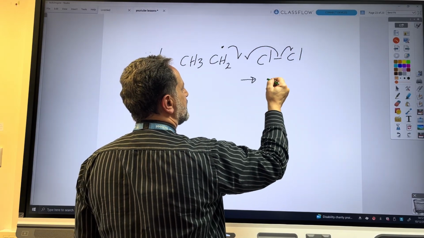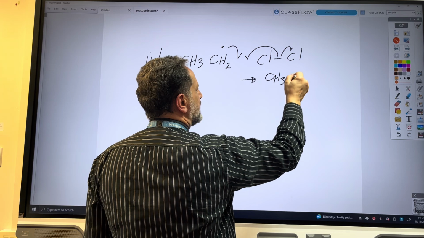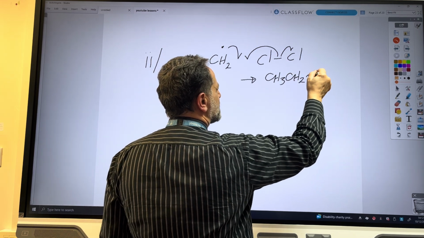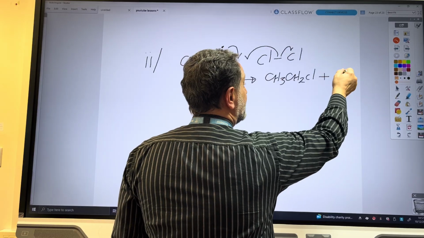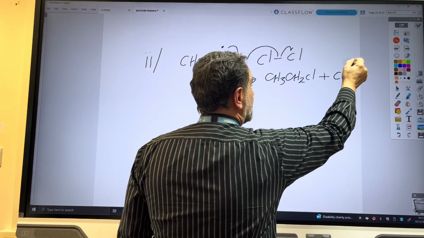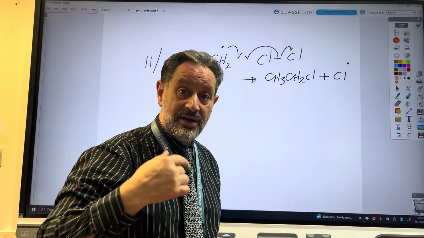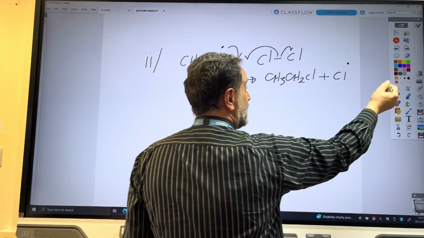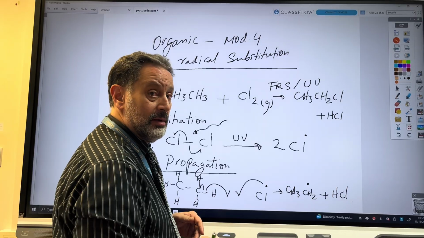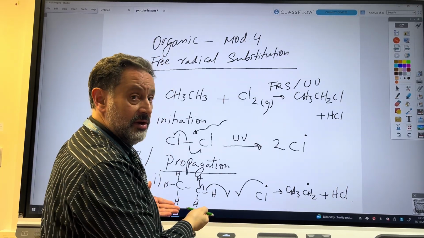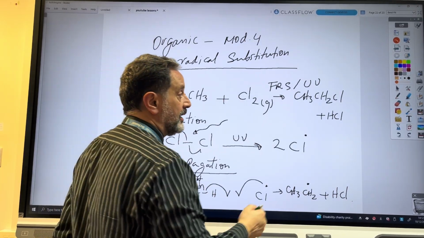So ultimately, what do we get? We get the intended product, CH3CH2Cl, which is now chloroethane, plus a chlorine free radical is now again regenerated. So this can go back, find another ethane molecule, and carry on doing what it does in the process.